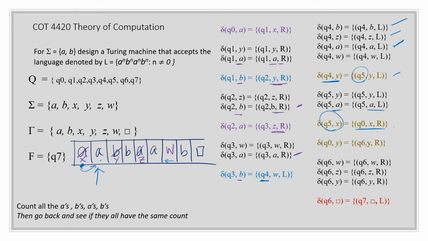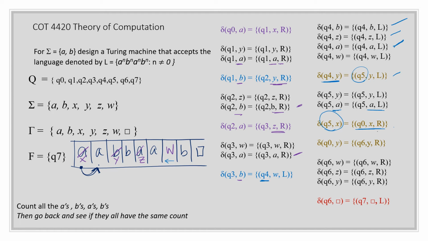Okay, so now we have this A right here, and now this is our second A. So again, I will repeat: as you are going back like this past everything, you have to get to the X to know that this is your next A. Because if you go back and you find an A and you have 100 A's, it could be the 100th A, right? So you got to go all the way back to the X so that you find out that this is the next A.